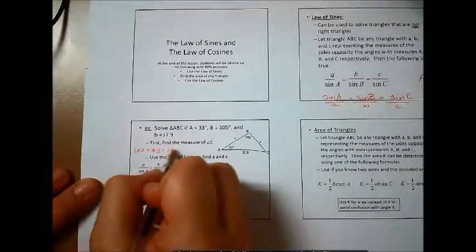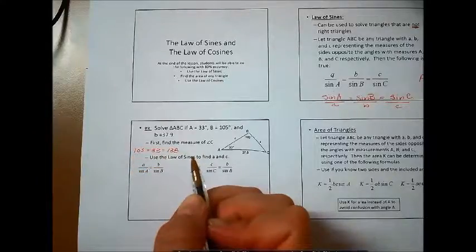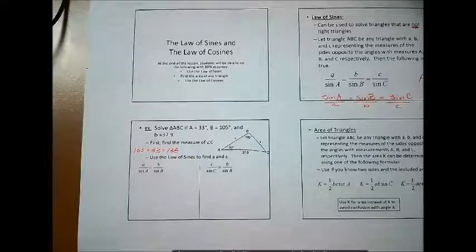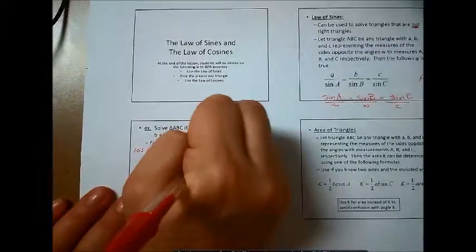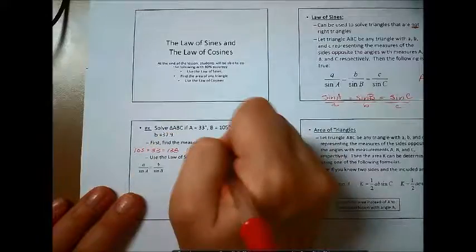It's important to remember that in all triangles, the angles add up to 180. So 180 minus 138 is 42. So we put our little 42 right in there.